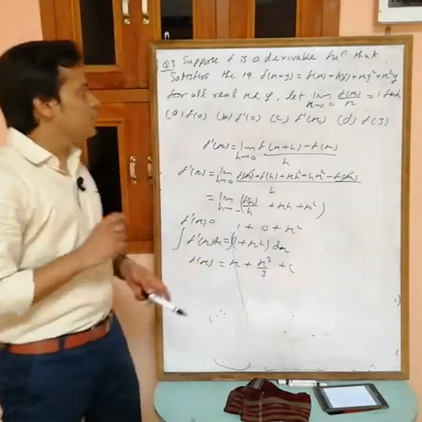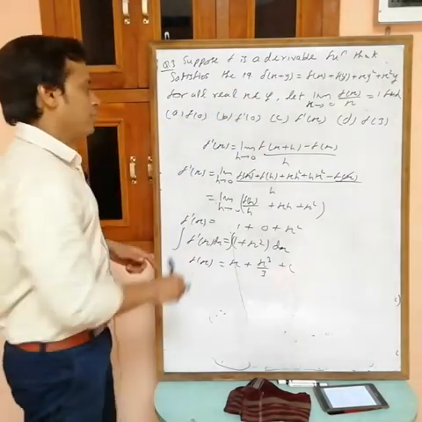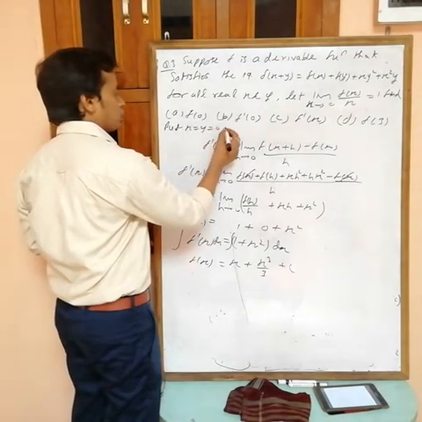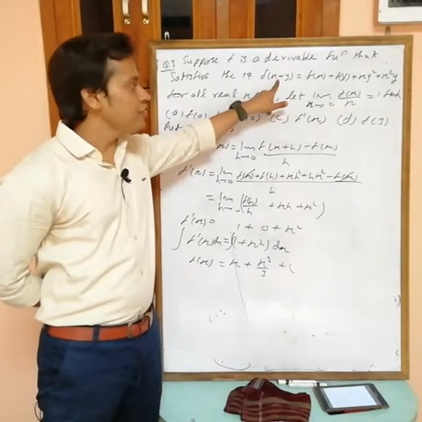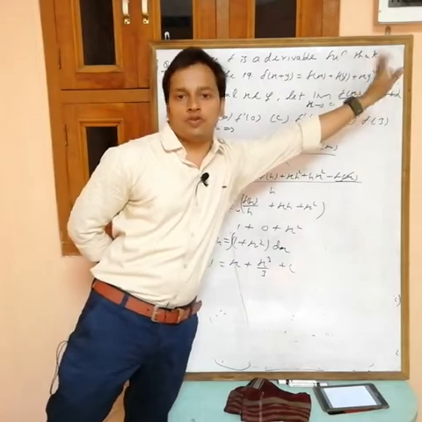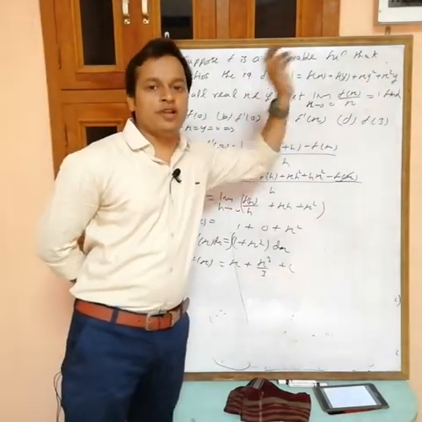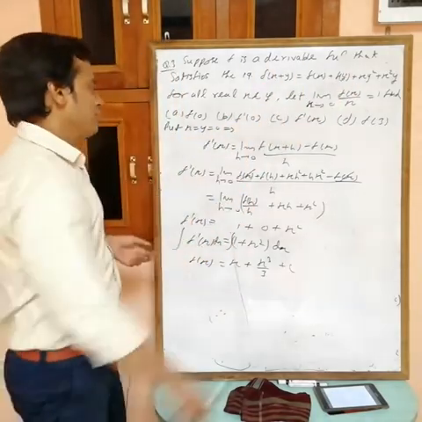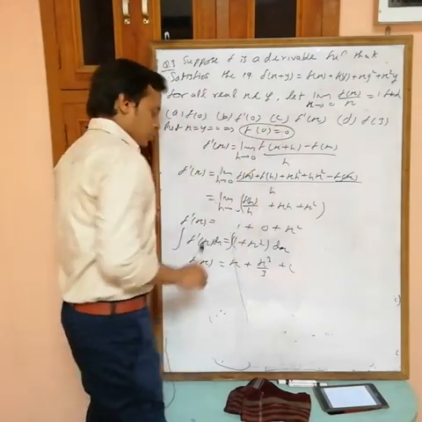To find the value of c, I want the function's value at any point. Put x and y both equal to 0, then f(0) = f(0) + f(0) + 0, so f(0) equals 2f(0); taking one f(0) to this side, f(0) equals 0.